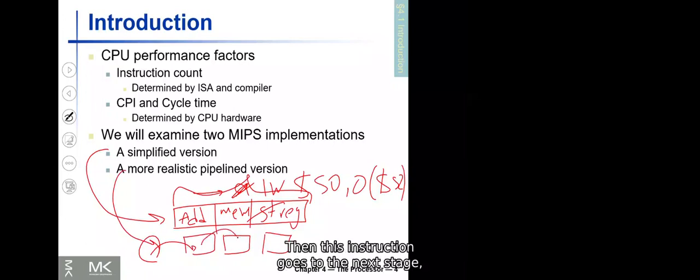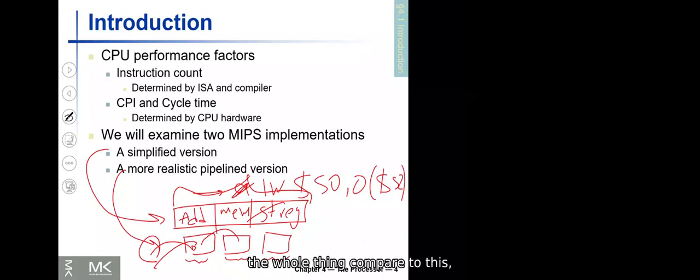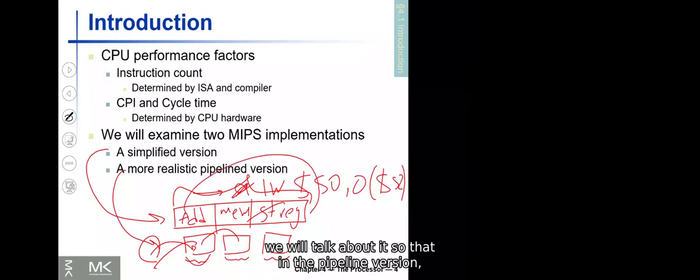Then this instruction goes to the next stage, and the next instruction comes here. So the clock cycle of the next one would be the longest one of these stages, okay? And you compare these two together, the whole thing compared to this, which is much, much faster. We will talk about it.